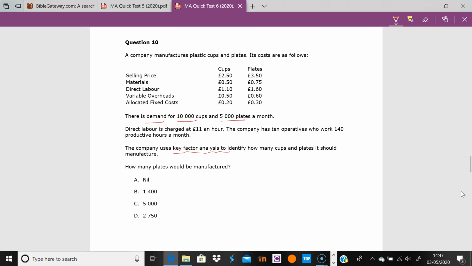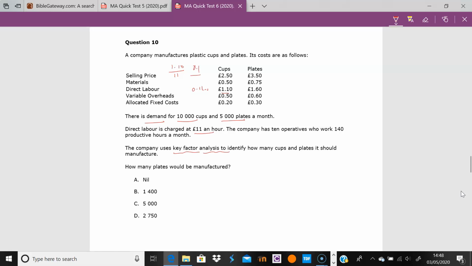Now, if I look at labor, I charge £1.10 to making a cup, and direct labor is £11 an hour. So I know that I'm spending a tenth of an hour, or 6 minutes, so 0.1 hours to make a cup, because £1.10 divided by 11 is 0.1.